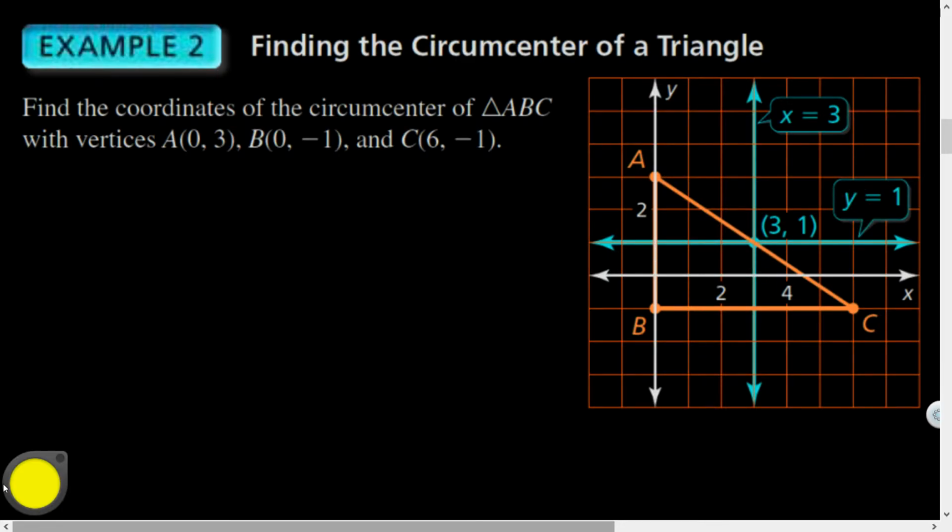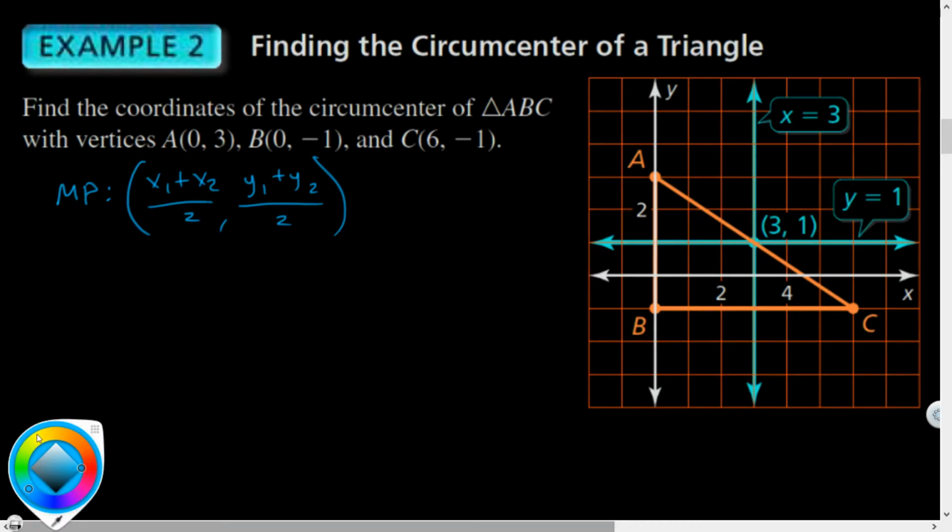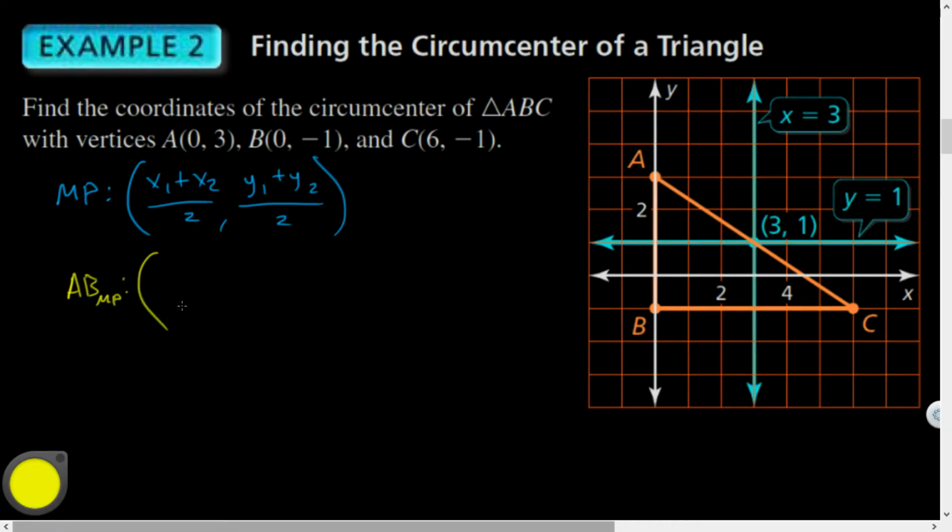Let's do that actually. What is the midpoint formula? Do you remember? The midpoint formula is the average of the x's and the average of the y's, for any 2 points. So let's find the midpoint of AB. The midpoint for AB is going to be the average of the x's, so that's 0 plus 0 divided by 2, and the average of the y's, 3 plus negative 1 divided by 2.